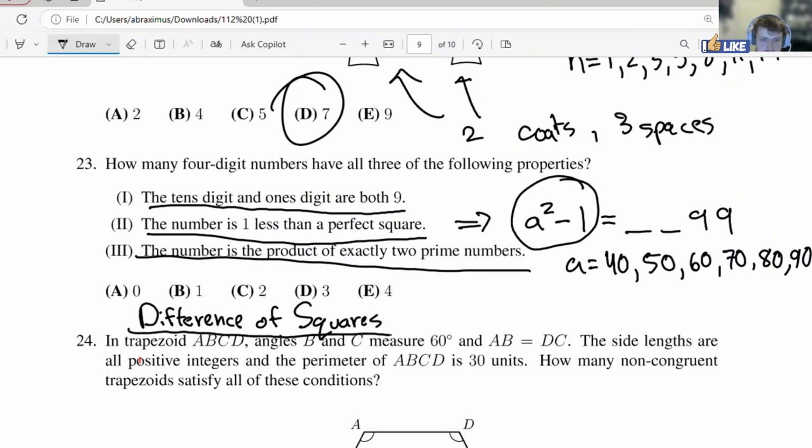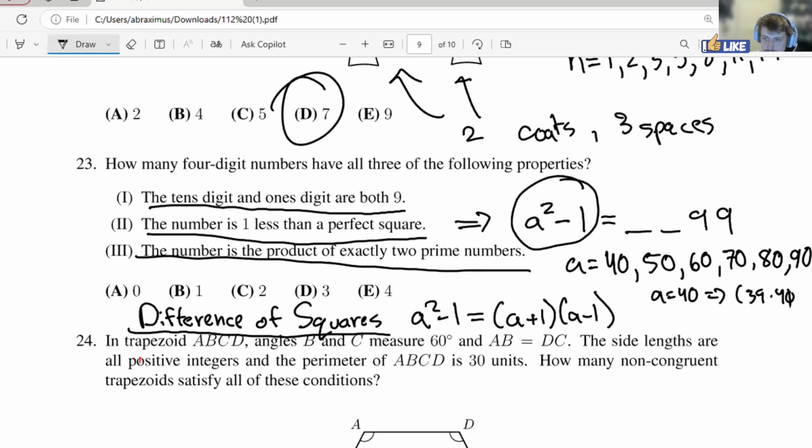Okay, so the difference of squares formula says that anything that looks like a squared minus 1 is actually the same as a plus 1 times a minus 1. This seems like an incredible fact. If you're just looking at it for the first time, that seems super convenient. Because now what we can say is, okay, if a equals 40, then we get 39 times 41 for a squared minus 1, but 39 is not prime.